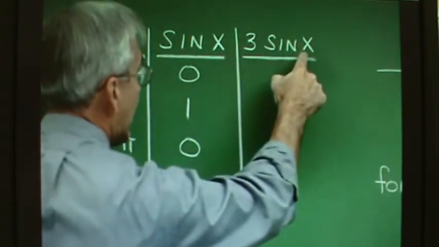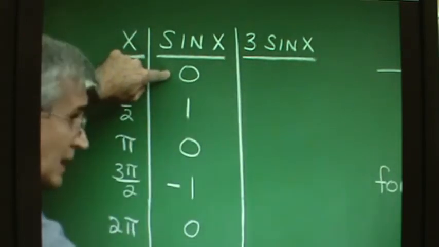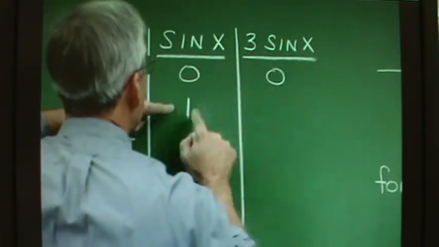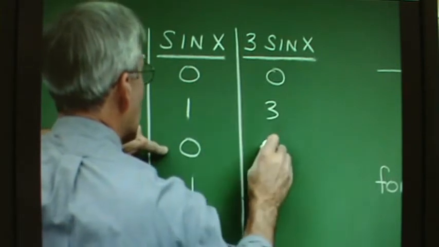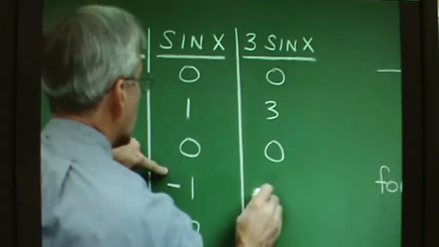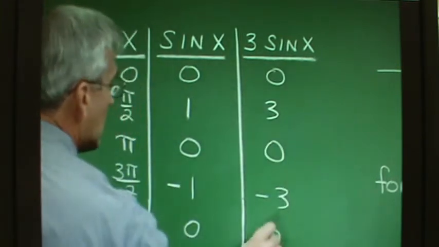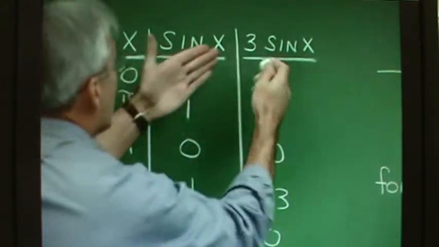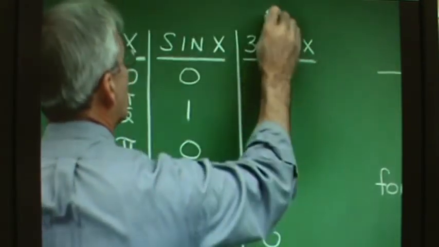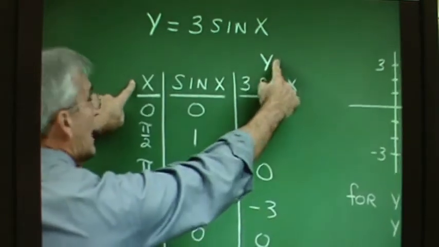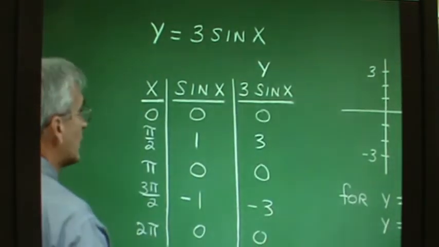So 3 sine x means 3 times all of these. So 3 times 0, 0, 3 times 1, 3, 3 times 0, 0, 3 times negative 1 is negative 3, 3 times 0, 0. Now, remember that y is 3 sine x, so this is y, and this is our xy pair that we're plotting to see the graph.